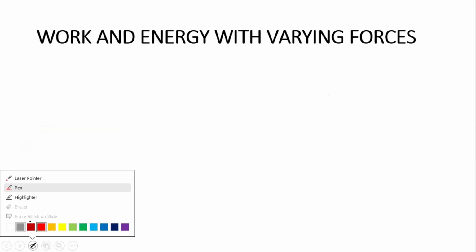So say for example, we have an actual spring. Here we have the equilibrium position. Suppose we have a spring here, and this is the equilibrium position.